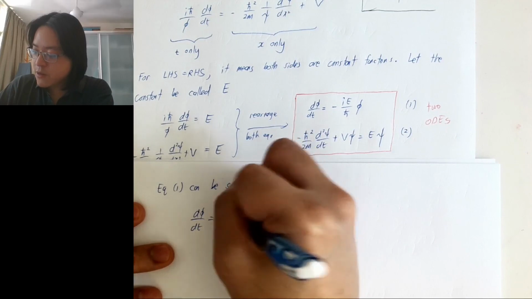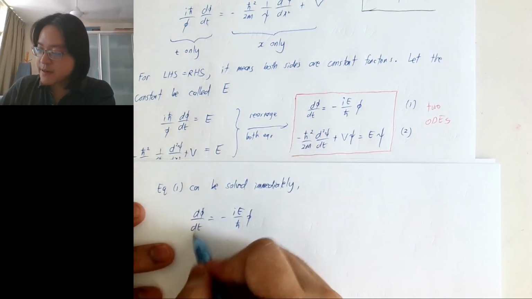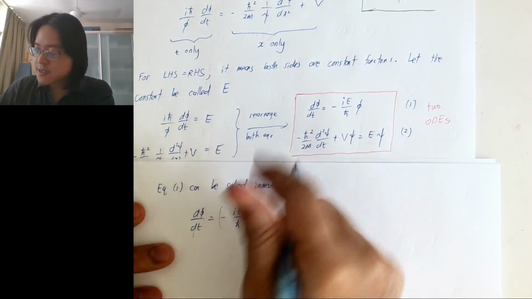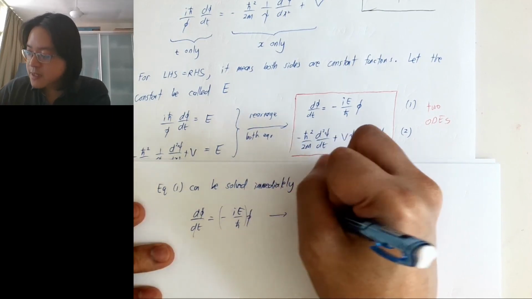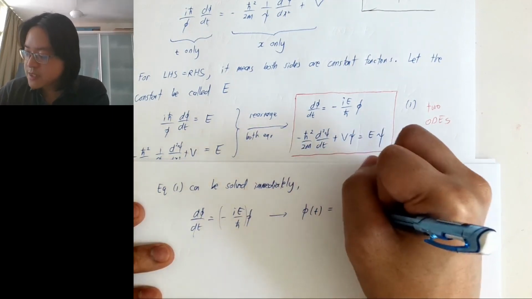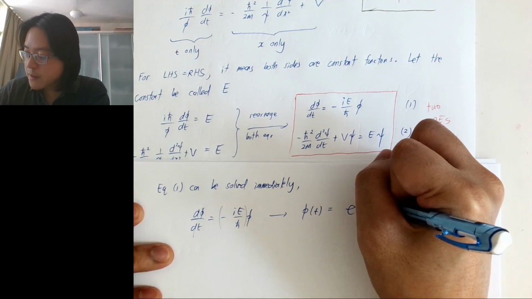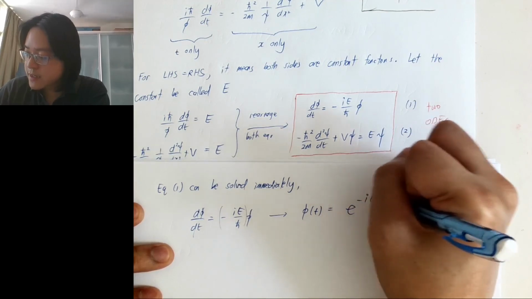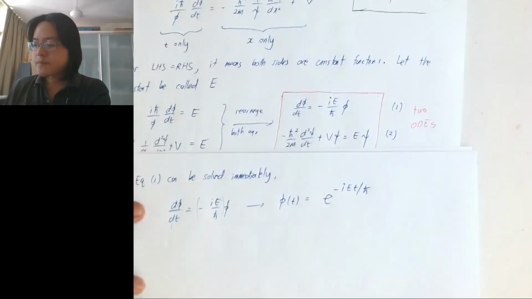So d phi/dt equals minus iE over h bar phi. This is a derivative equal to a constant times the function itself, so the solution is an exponential function. So it's e to the minus iEt over h bar.